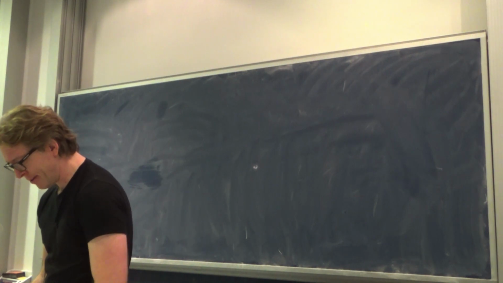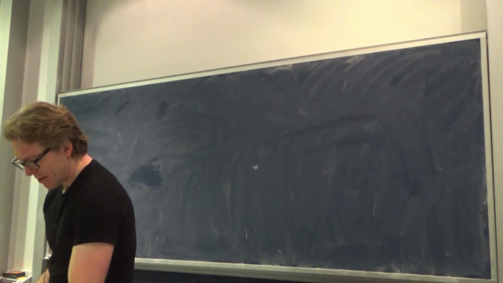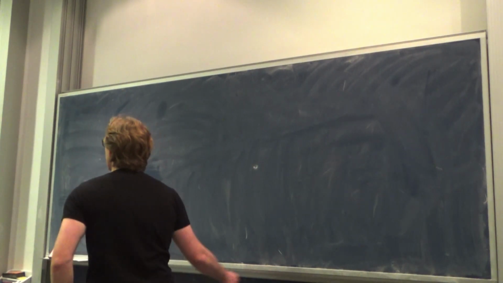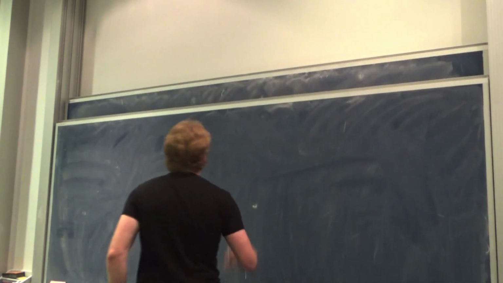OK, so I said I'm going to talk about examples. Well, the examples are going to come along with some observations and some exercises for which I need to finally give the following definition.